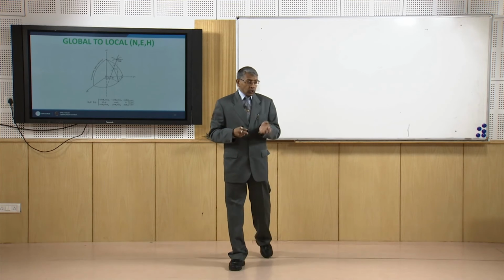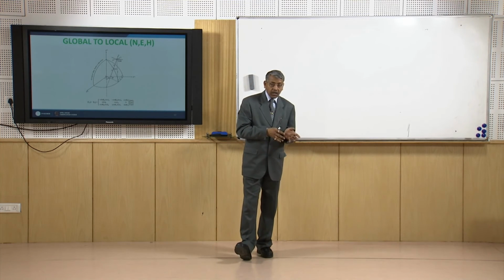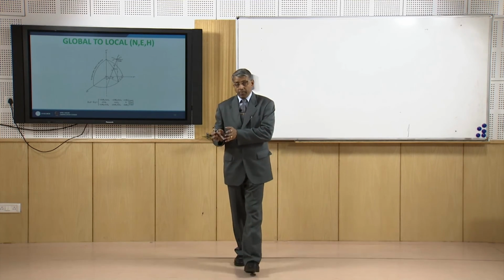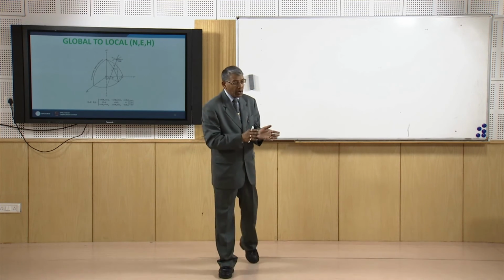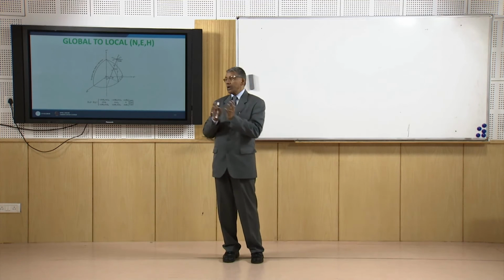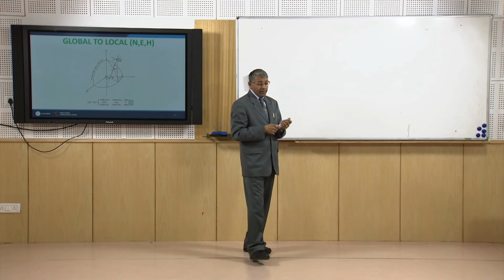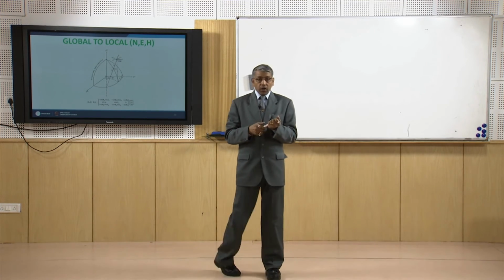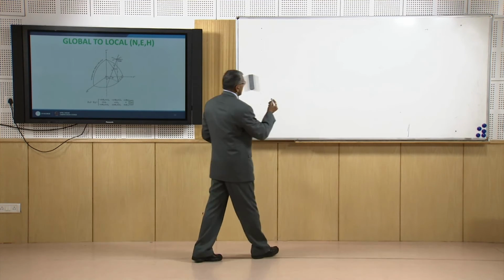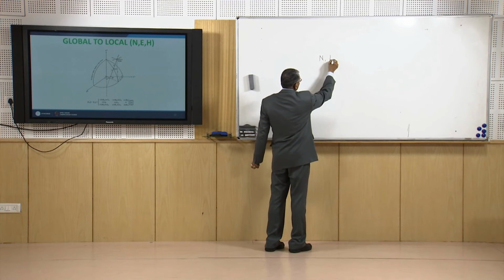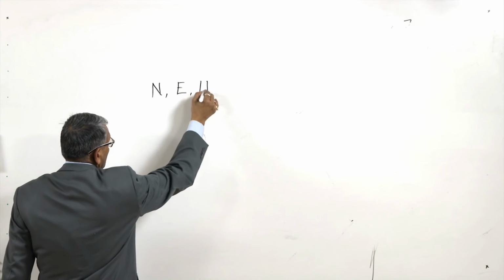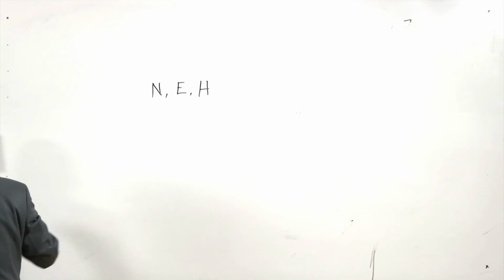So, to make GPS observation useful for our engineering works or mapping purpose, we need to convert the global coordinates to local coordinates, and generally the local coordinates we represent by a system called north, east and orthometric height or vertical height.